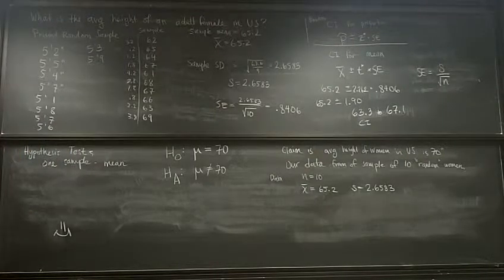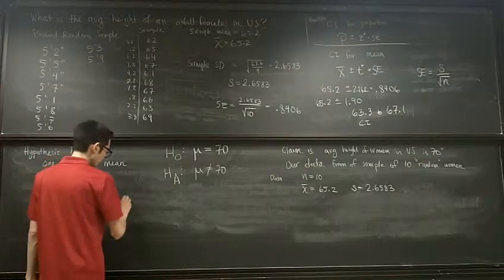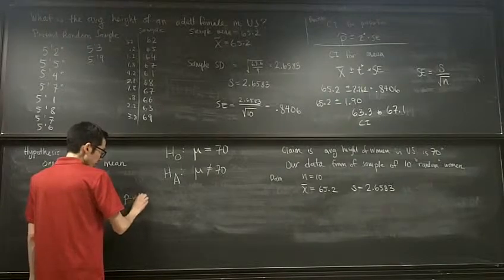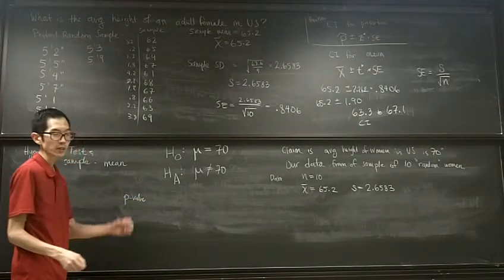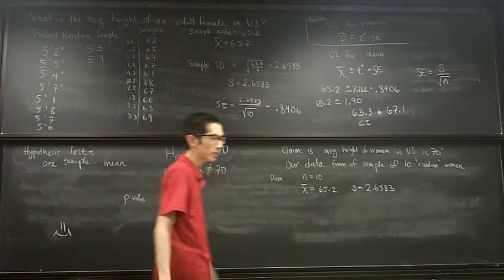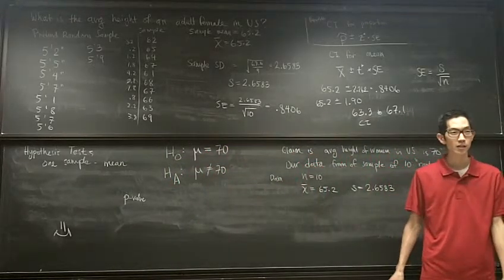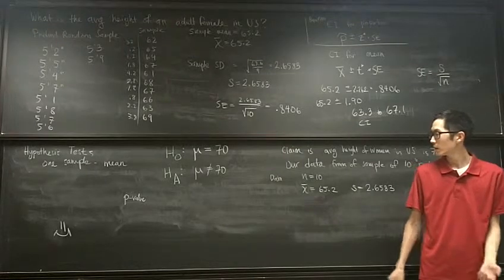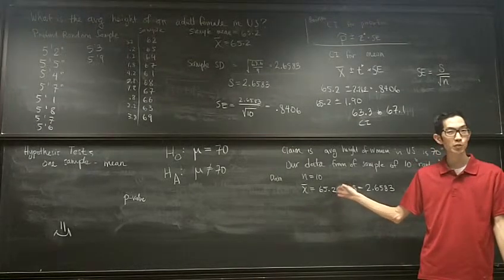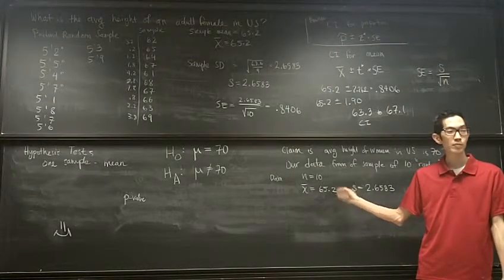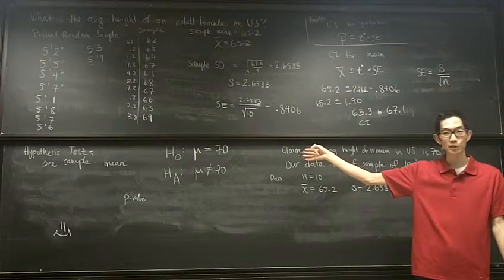So we want to calculate a p-value. What is the definition of a p-value again? The p-value is the probability of observing your data or something more extreme if the null hypothesis were true.